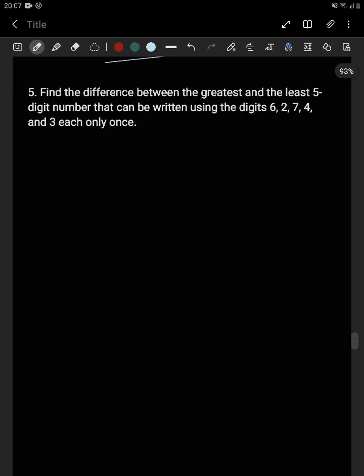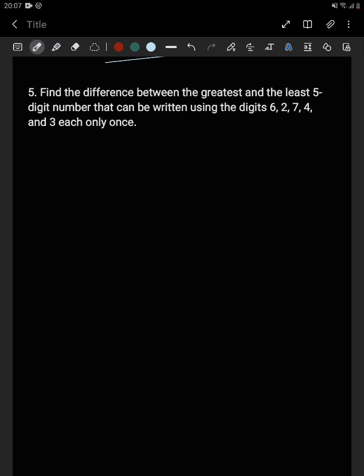So find the difference between the greatest and the least 5-digit number that can be written using 6, 2, 7, 4 and 3. Okay, each only once. Okay, so first of all we need to write the greatest number that can be made by this, and then we need to have the least 5-digit number that can be made using these 5 digits.